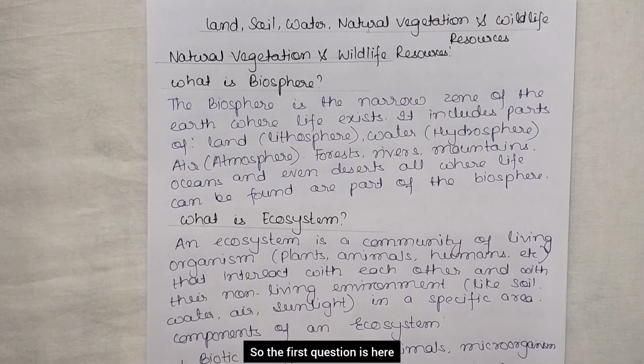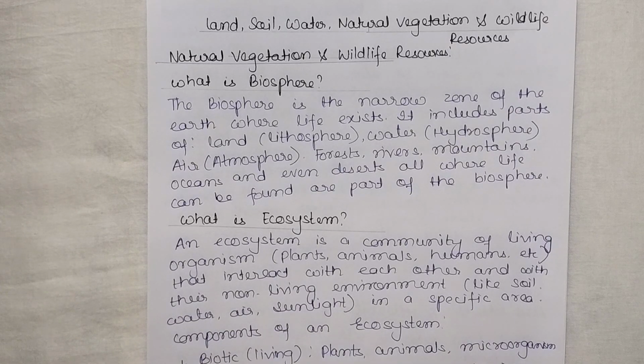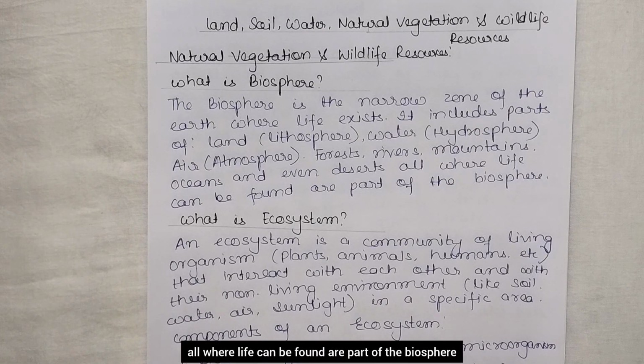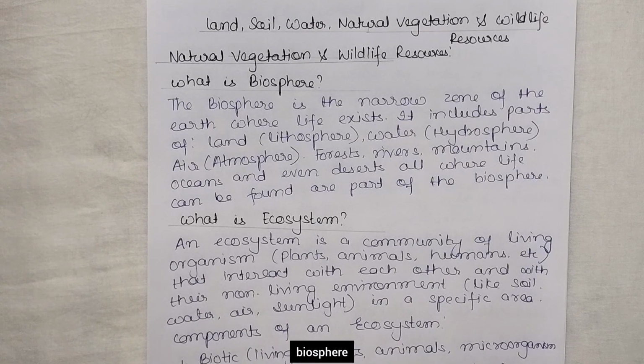So the first question is, what is biosphere? The biosphere is the narrow zone of the earth where life exists. It includes parts of land, that is lithosphere, water, hydrosphere, air, atmosphere. Forests, rivers, mountains, oceans and even deserts, all where life can be found, are part of the biosphere.